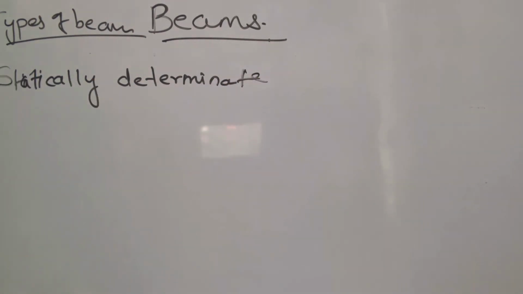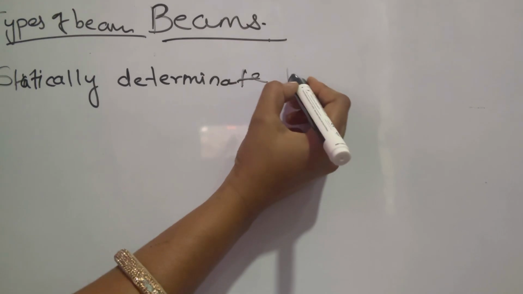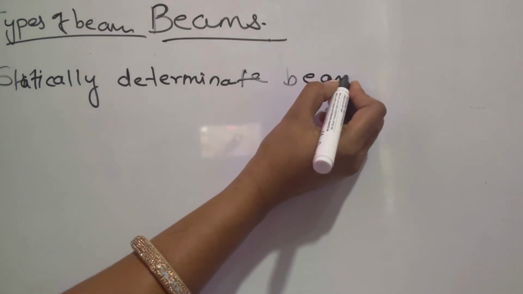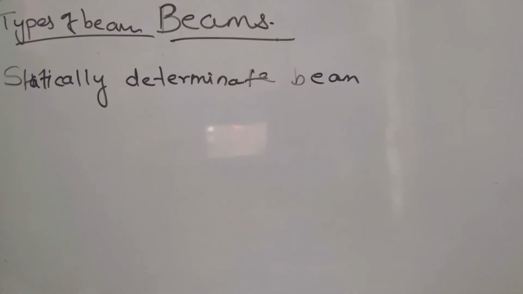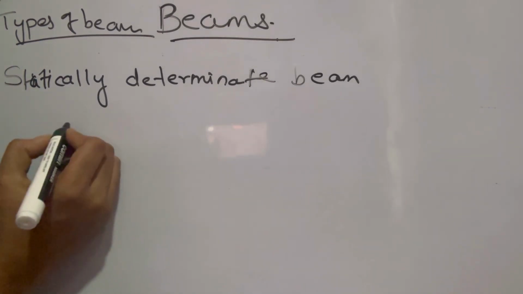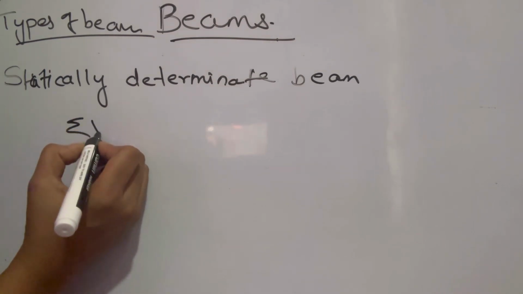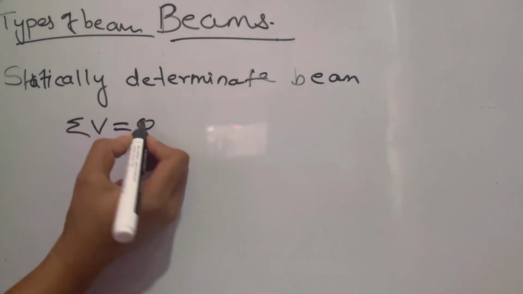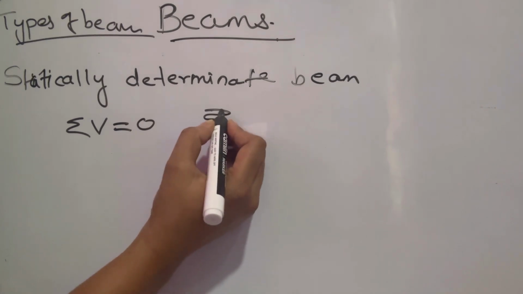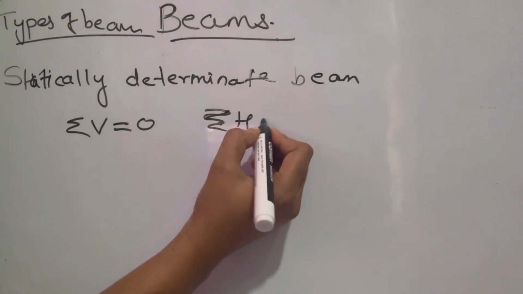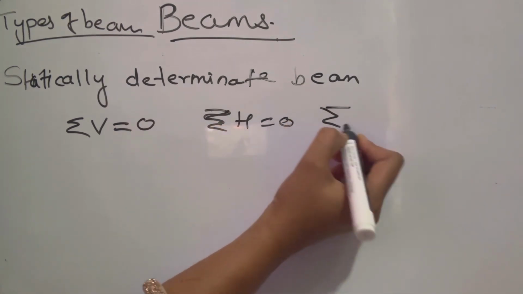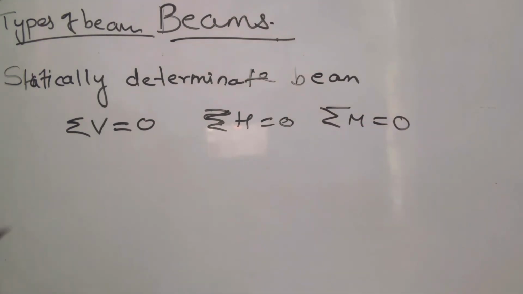What are statically determinate beams? Statically determinate beams are those beams where the support reactions can be solved using the three equilibrium conditions. What are the three equilibrium conditions? The summation of all vertical forces is 0, the summation of all horizontal forces is 0, and the summation of all the moments is equal to 0.